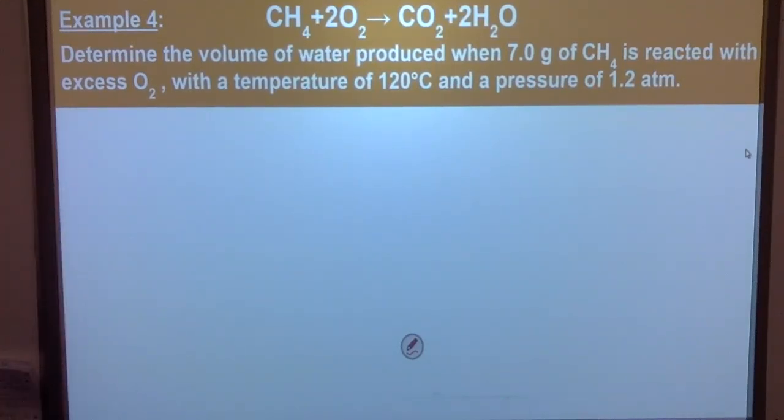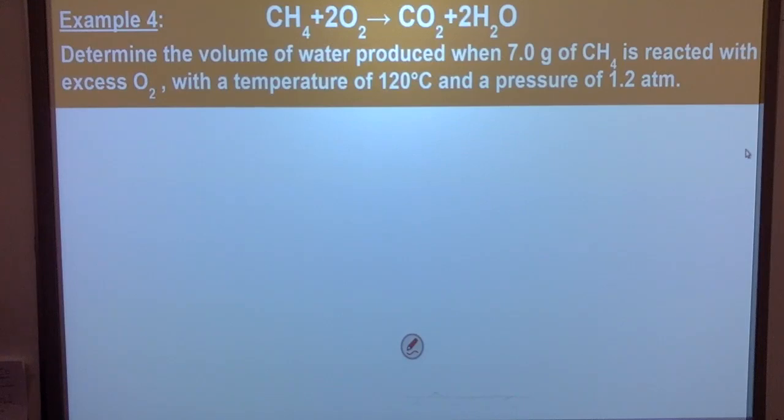So determine the volume of water produced when 7 grams of methane is reacted with excess oxygen at a temperature of 120 degrees Celsius and a pressure of 1.2 atmospheres. Okay, so we are going to get this ready.